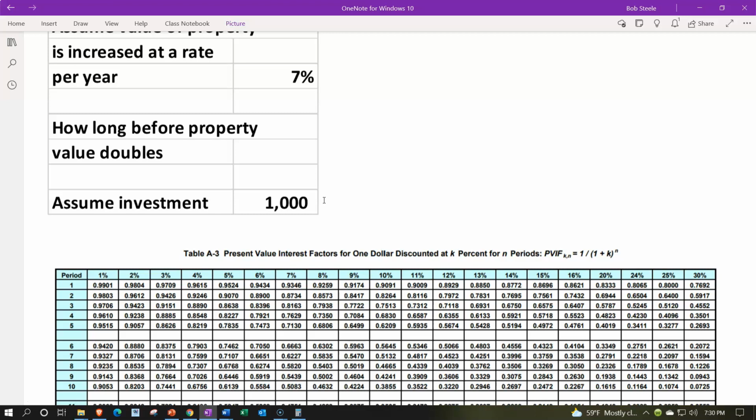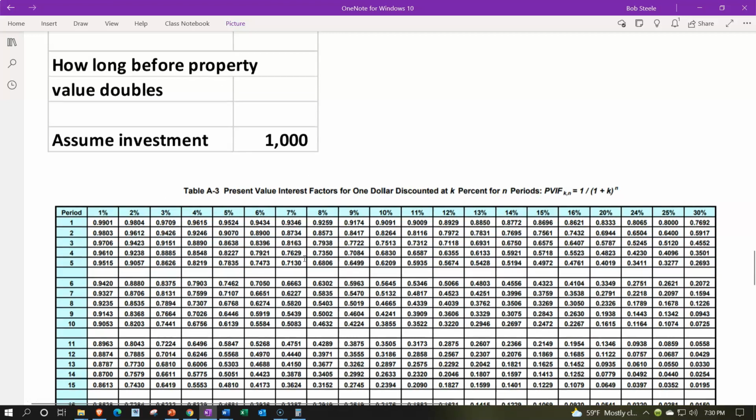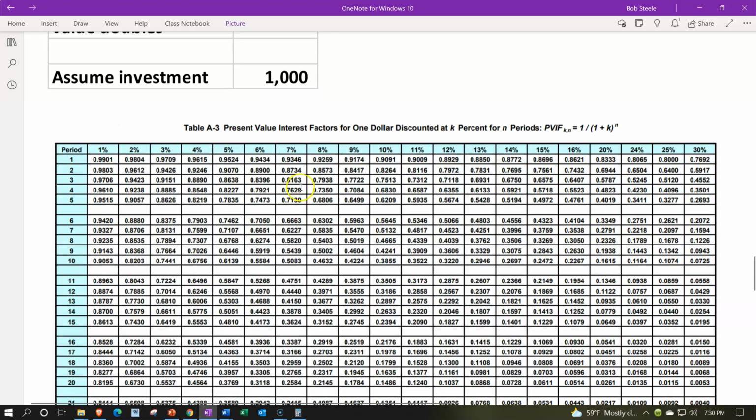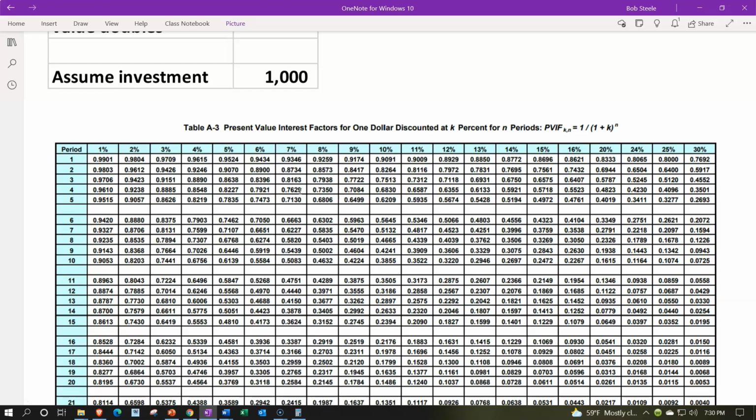So that would mean that we would multiply it times something that would be basically 0.5 that we're looking for. So in other words, we're looking for this column 7%, and then we'd be looking for the rate that is around 0.5, which would bring us back from 2,000 to the present, which would be 1,000.